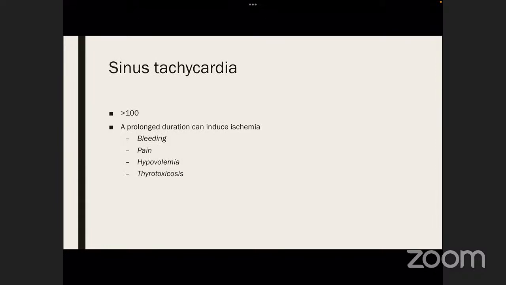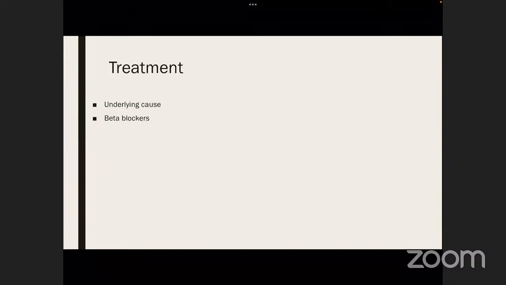Bleeding, pain, hypovolemia, thyrotoxicosis. These can all be causes for sinus tachycardia. For its management, first you should manage the underlying cause. If you couldn't, then you could add a beta blocker for rate control.